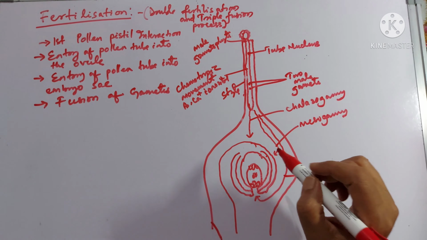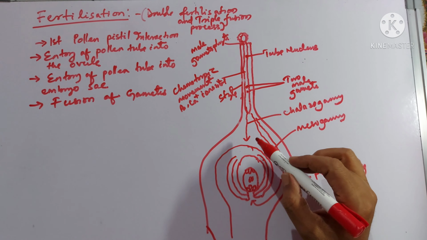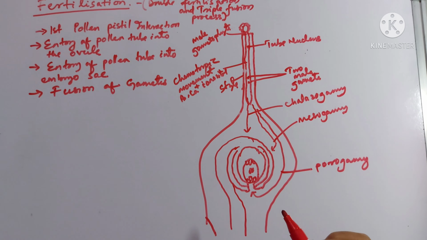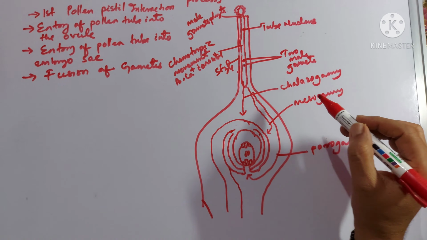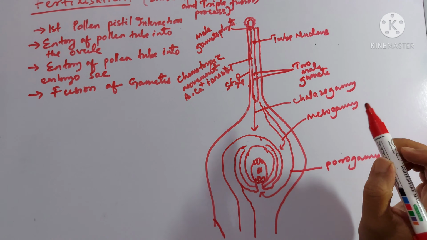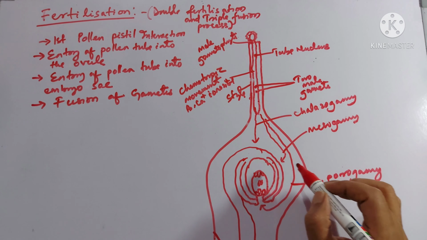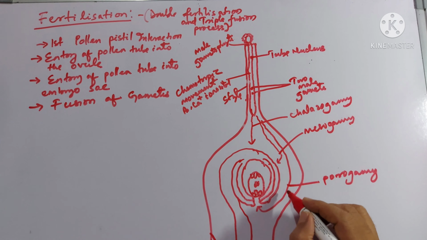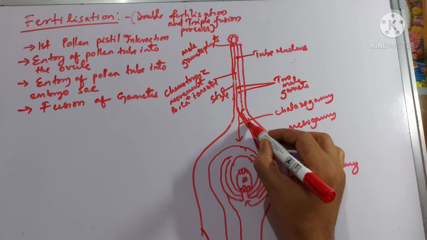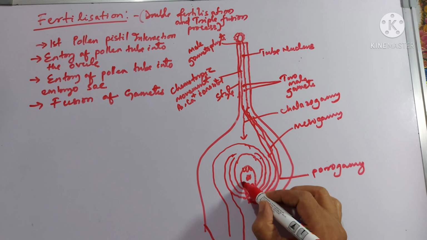In different species, different ways of entry of pollen tube into the ovule take place. Suppose it is entering through the micropyle region; this is called porogamy.